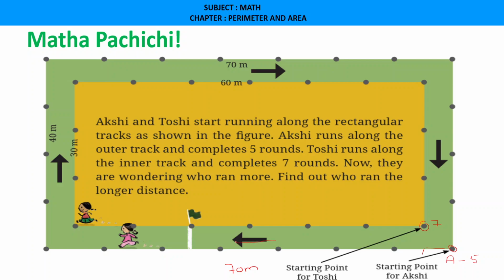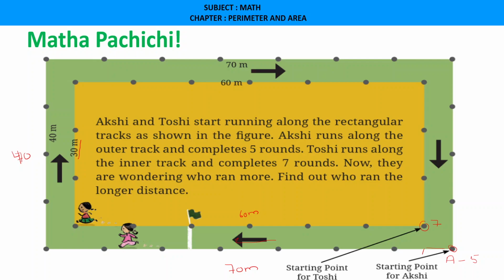If we see this arrow, this way they are going. And the breadth for Akshi's path is 40 meters. And similarly, the length for Toshi's rectangular path is 60 meters, and the breadth is 30 meters. Keeping these dimensions in mind, let us solve the problems.